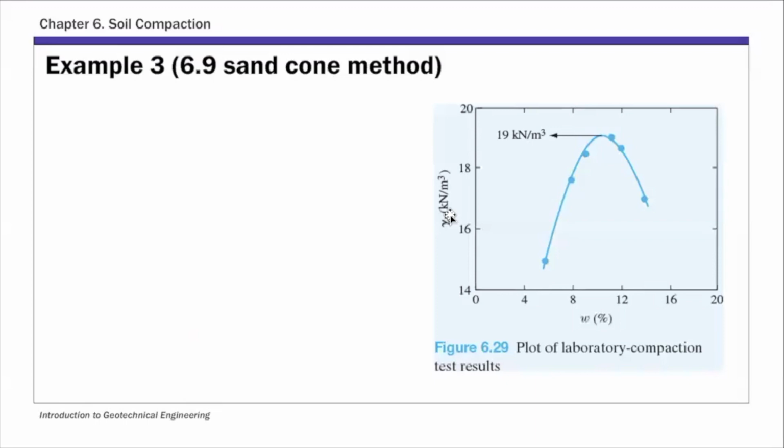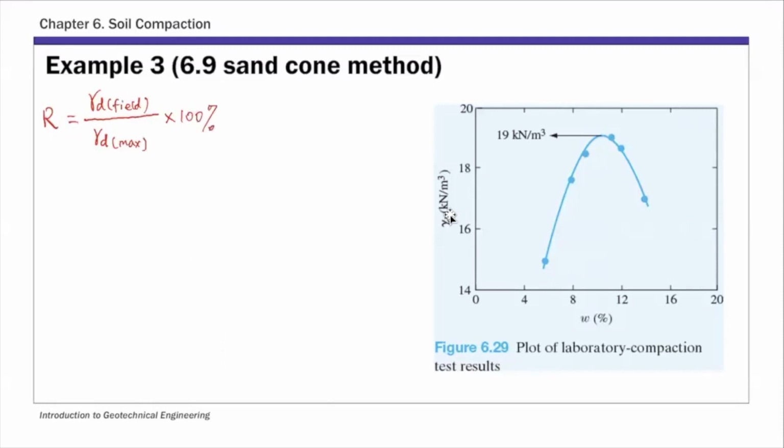if you recall the definition of relative compaction, so this R here is defined as the unit weight in the field over the gamma D max from the Proctor test. So this is gamma D max, times 100%. Okay. So that's the definition.